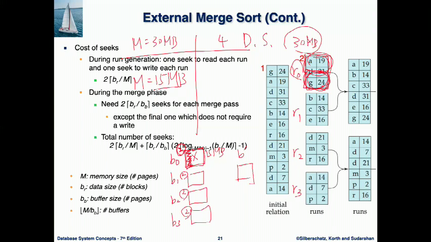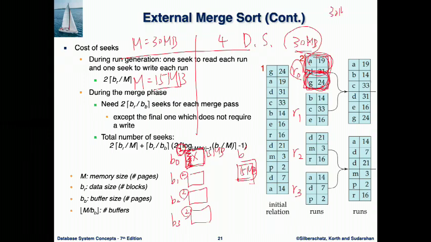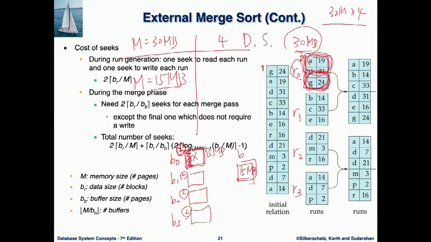And for the output run, what's going to happen is the output buffer has a size of 15 megabytes. And in total, how much data do you have over these 4 input runs? Each run is 30 megabytes, and then you have 4. So there is a total of 120 megabytes of data.